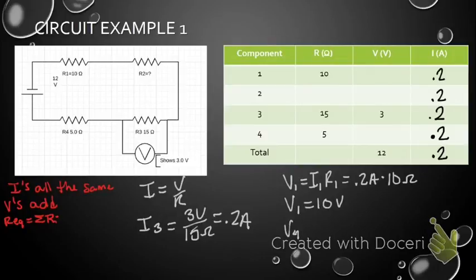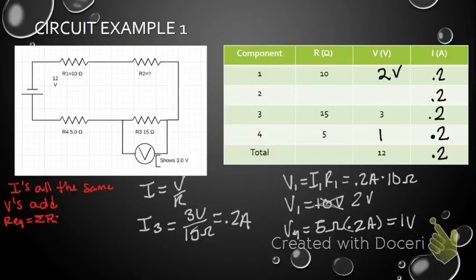So the voltage for 4 is equal to 5 ohms times my 0.2 amps, which gives me a voltage of 1 volt. So I'm able to put in my 2 volts here. I mistyped in another place, and 1 volt here. Forgot how to multiply suddenly.